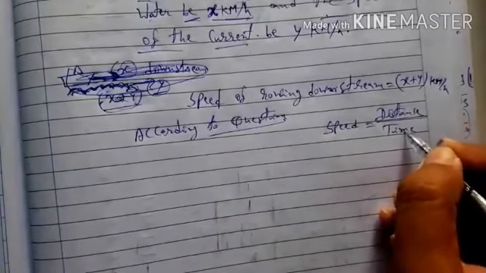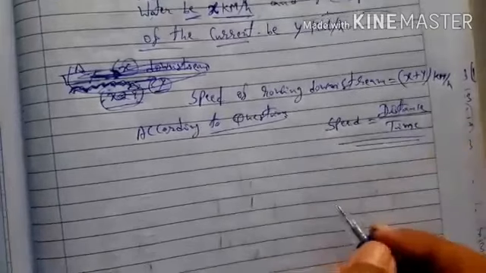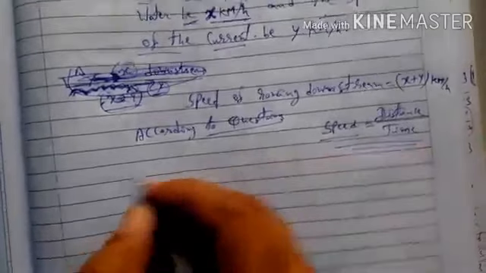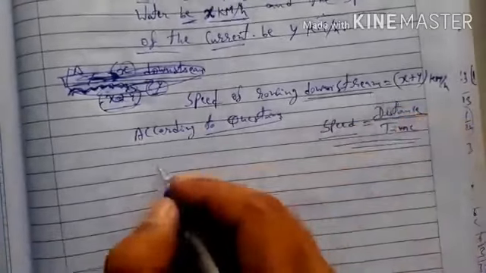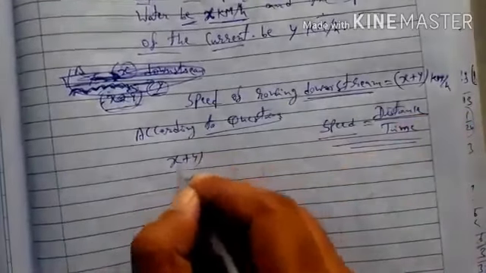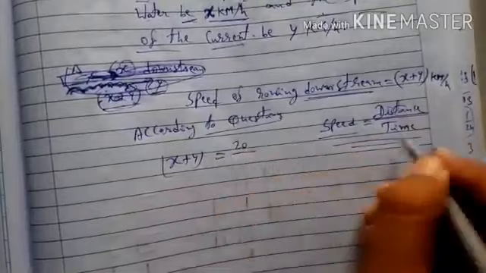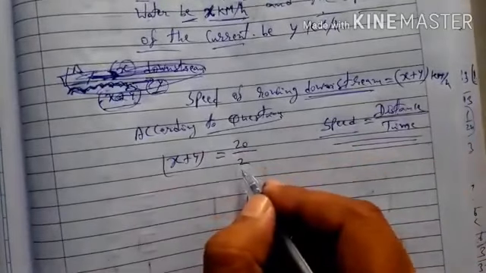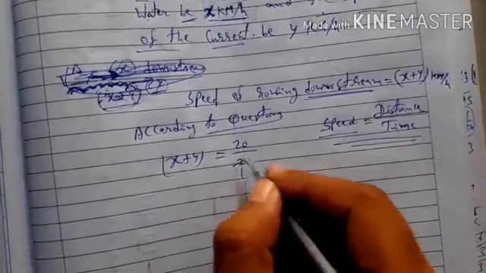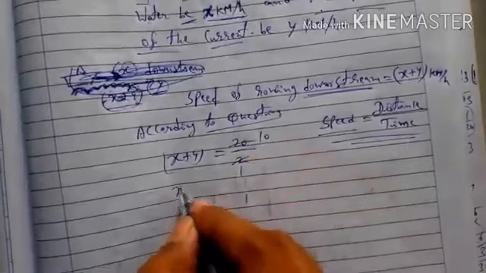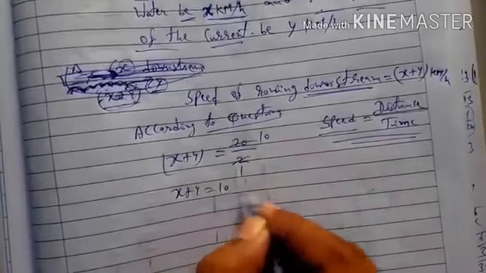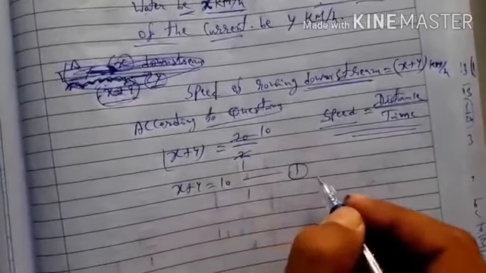You know this formula. Speed downstream is x plus y equal to distance 20 kilometer upon time 2. So 2 tens are 20, so x plus y equal to 10. It is equation number 1.